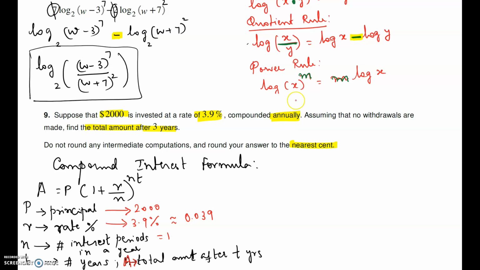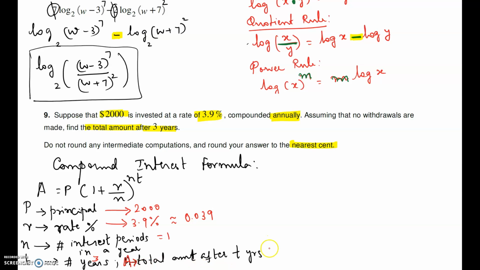If it says quarterly, the number of interest periods in a year would become 4. If it says monthly, you have to take N equal to 12. If it says semi-annually, you have to take N equal to 2 and so on. The number of years in this case is 3 years, so T equal to 3.